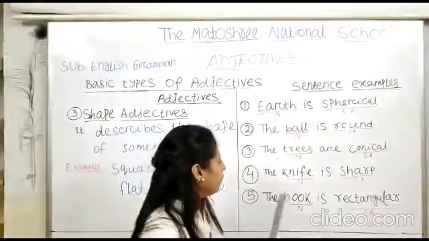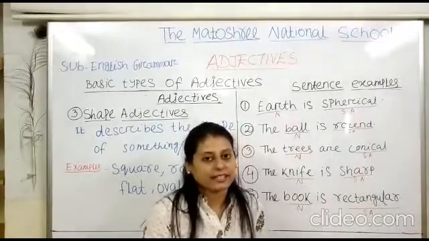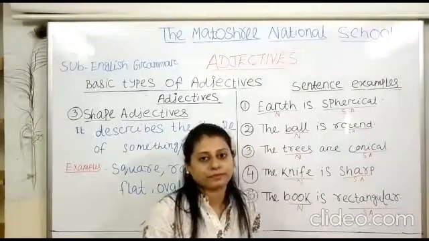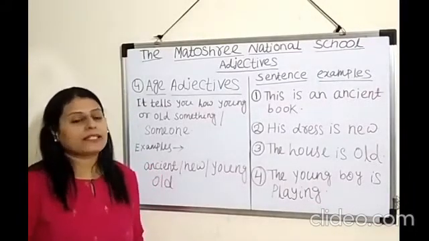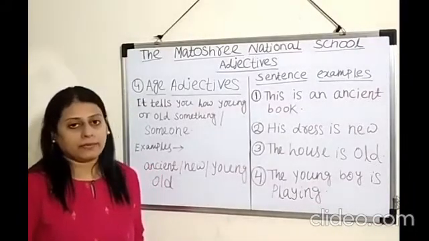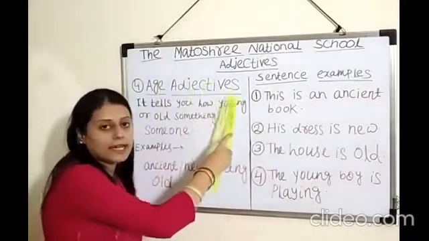Now we will learn about the next set of adjectives, and that is age adjectives. Okay students, so now we will discuss the 4th type of adjectives, and that is age adjectives.